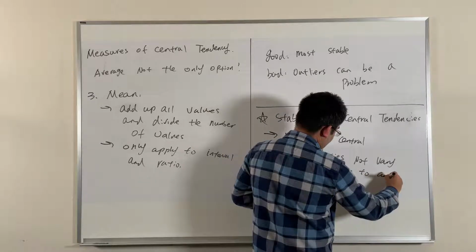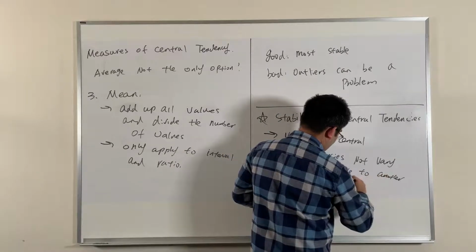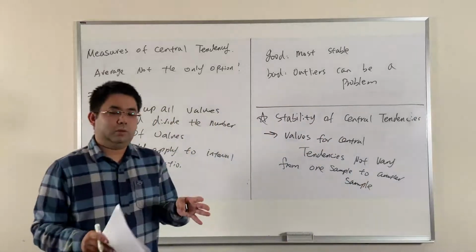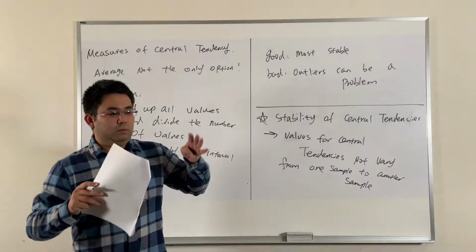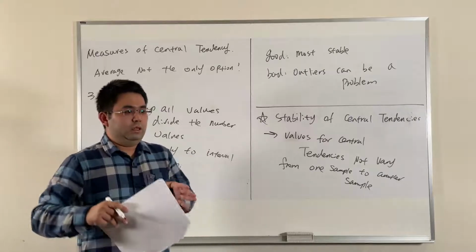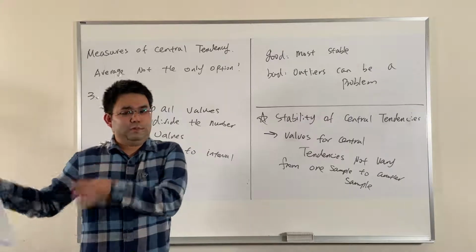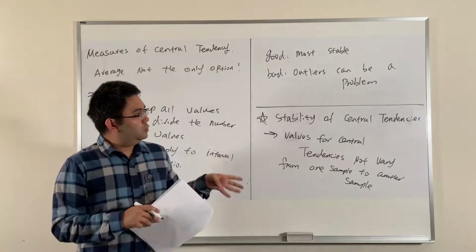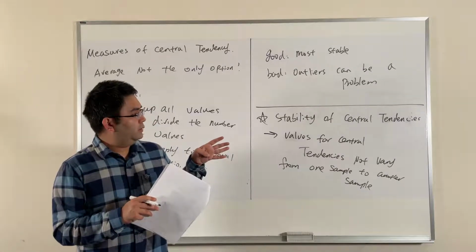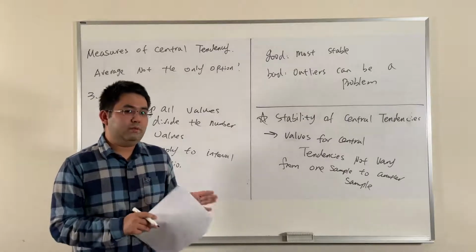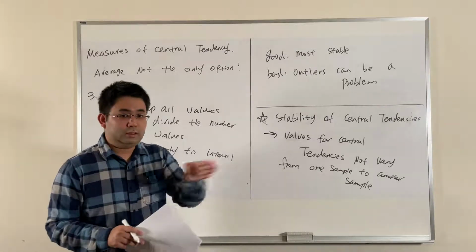If you have a set of data, one sample, is the mode, median, or mean going to be different from a different sample? That's stability. If you want your central tendency to be stable, you don't want this value to be different across different samples.